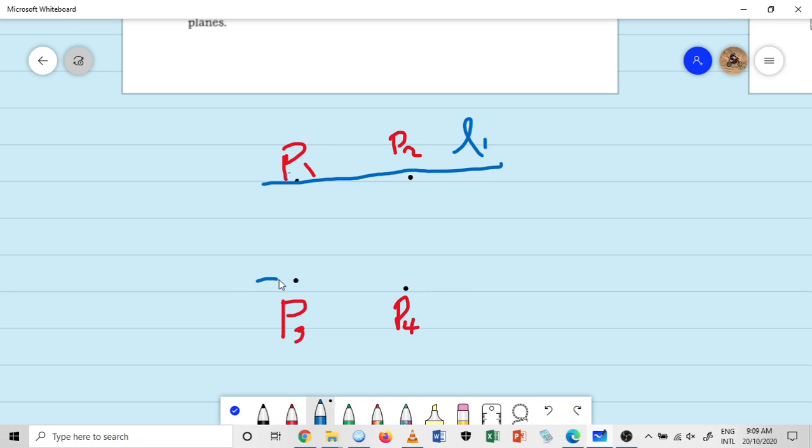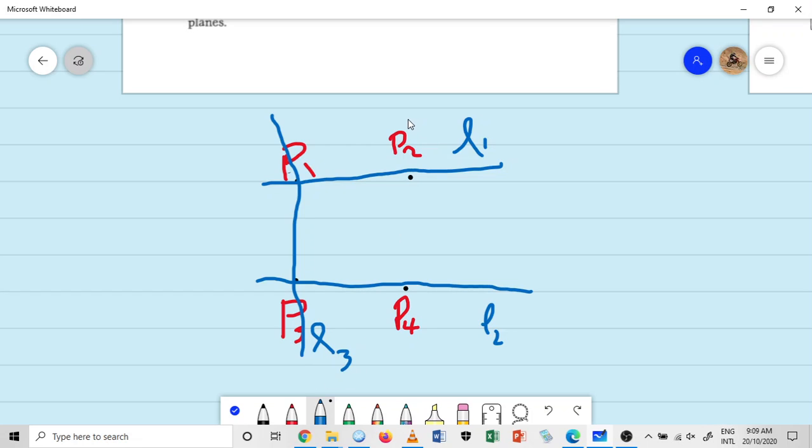P3 and P4 would be contained by exactly one line also. Call it L2. Then there would be a line containing P1 and P3. Call it L3.